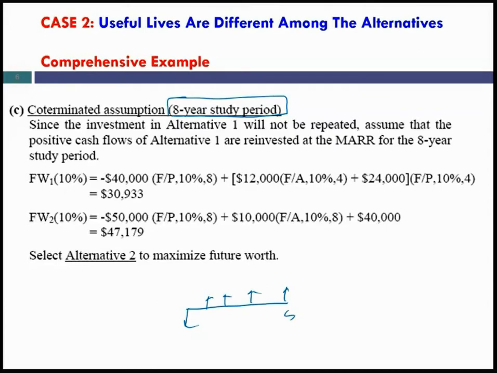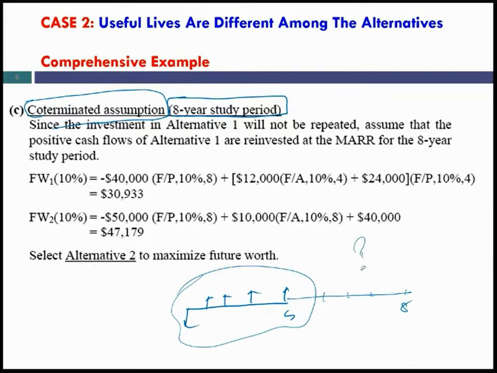And here we are asked to use the coterminated assumption, meaning that the repeatability assumption is not valid anymore. If the repeatability assumption is not valid, you cannot just consider these 4 years. You have to somehow extend it to 8 years. And how?